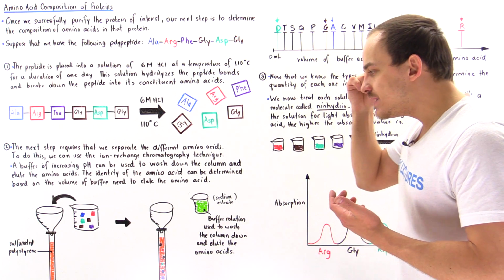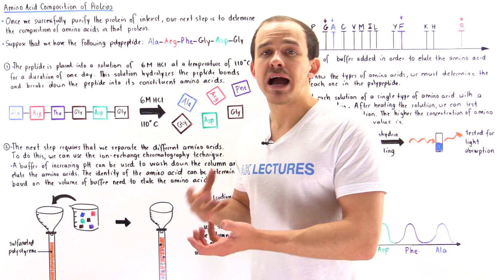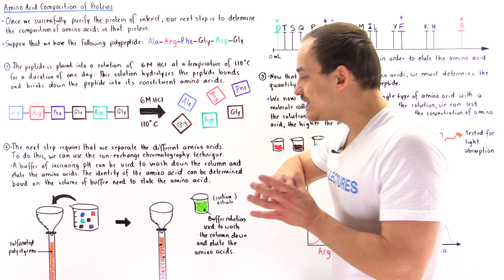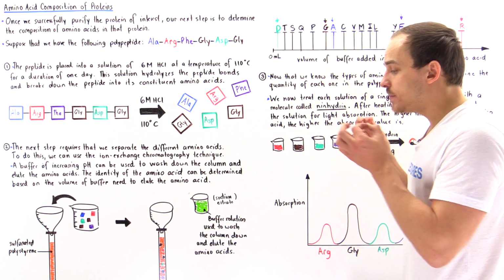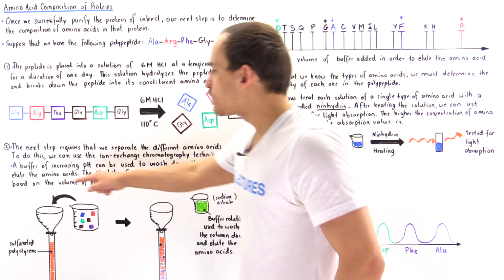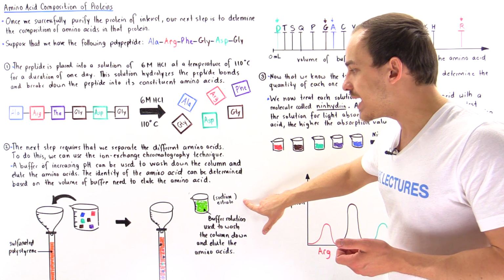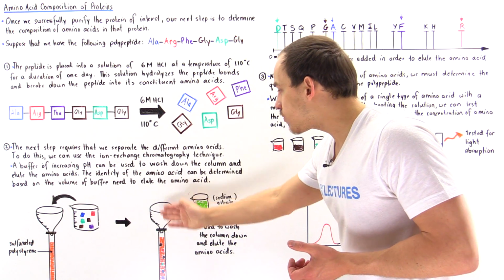And what that means is when we wash our column down with some type of material, they will basically detach depending on the concentration, the pH, and the volume of that particular buffer. So we can use a buffer, for example, sodium citrate of increasing pH, to wash down our column.